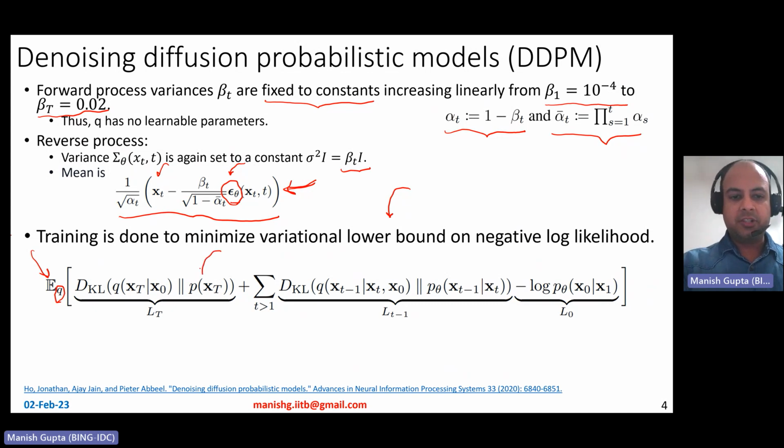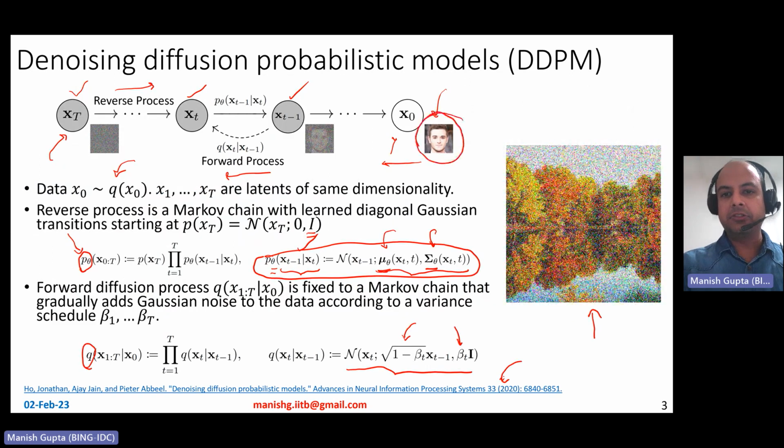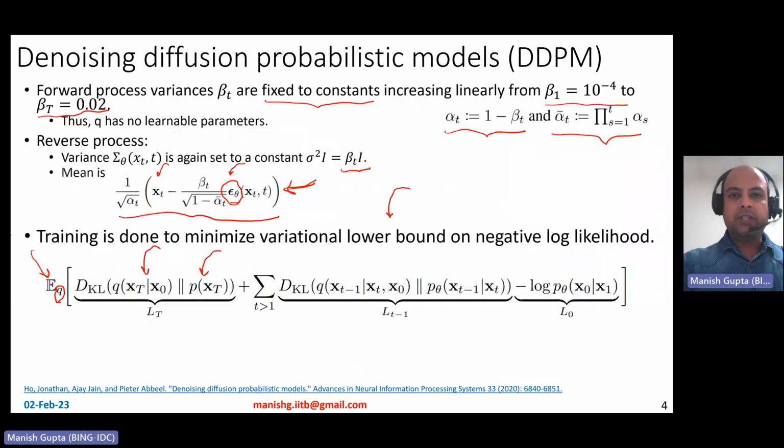So P of xt should be as close to Q of xt given x0 as possible. Remember, you have x0 because data is what is given to you. So when you generate, let's say, the noised version x capital T, it should be as close to P of xT as possible. Similarly, at any time point t, you want p and q, both of them, to be as close to each other as possible.